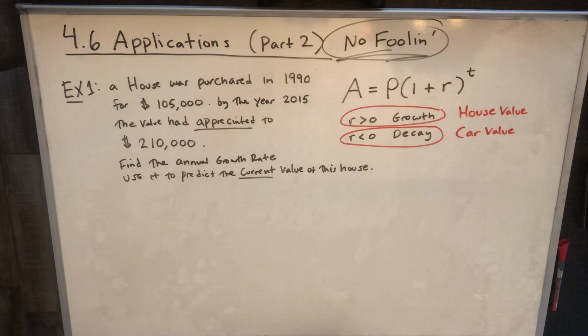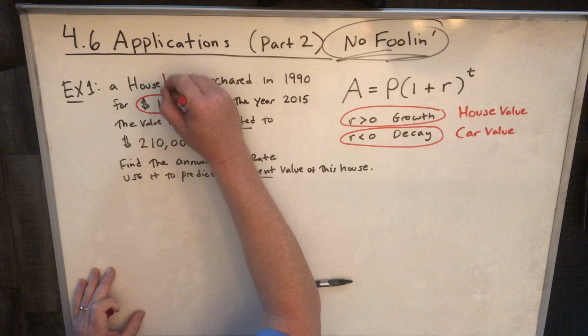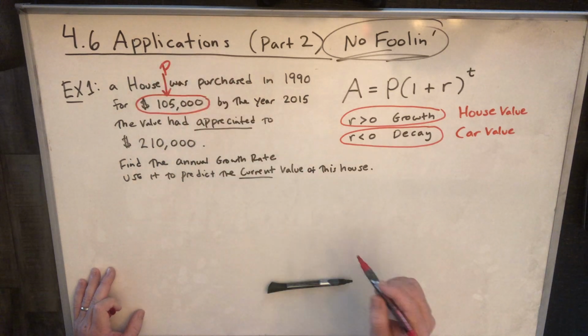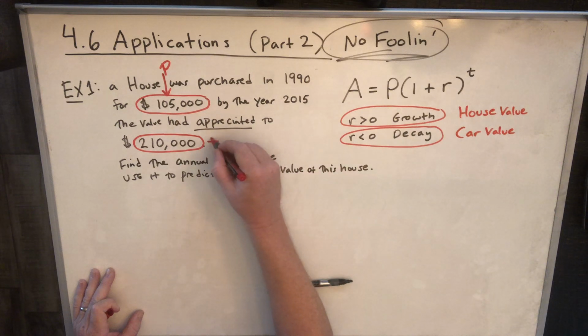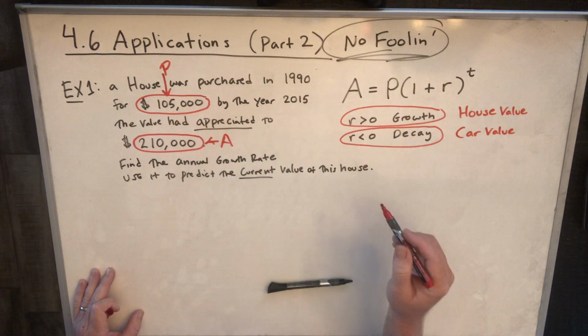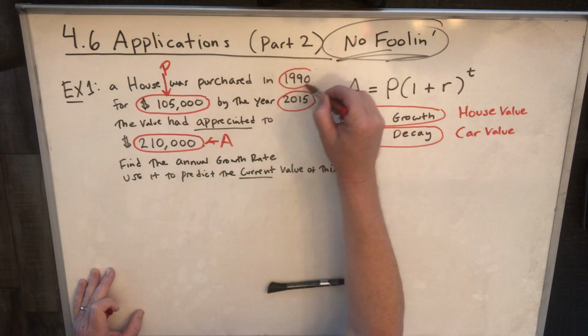Okay. So we have our principal. That's going to be $105,000. We have our appreciated value, A. Sorry, it's not current, it's the value in 2015.